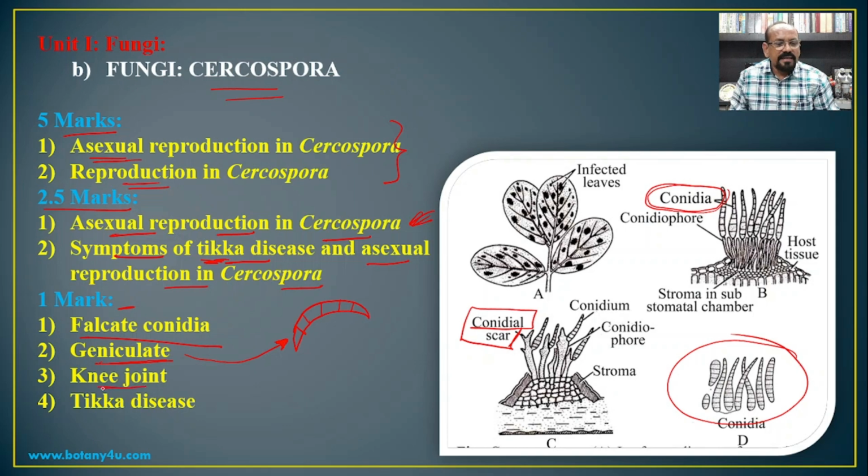Then knee joint. If you see the conidiophore and its structure, you will find that it is just like a knee, and hence it is known as the knee joint. Then Tikka disease is the disease which is caused by Cercospora on the groundnut plant.